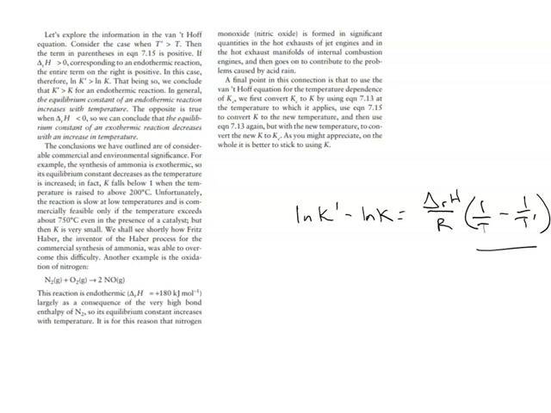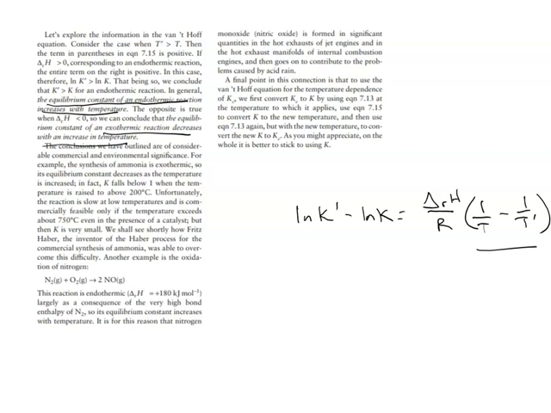In general, the equilibrium constant of an endothermic reaction increases with temperature. The opposite is true if delta H is less than 0. So we conclude that the equilibrium constant for an exothermic reaction decreases with an increase in temperature. Makes sense. Less motivation for it to move forward or for it to go backward.